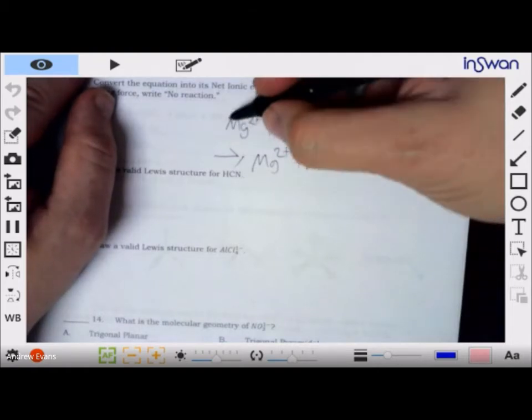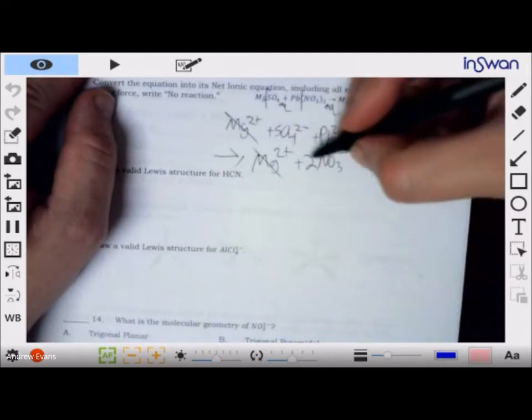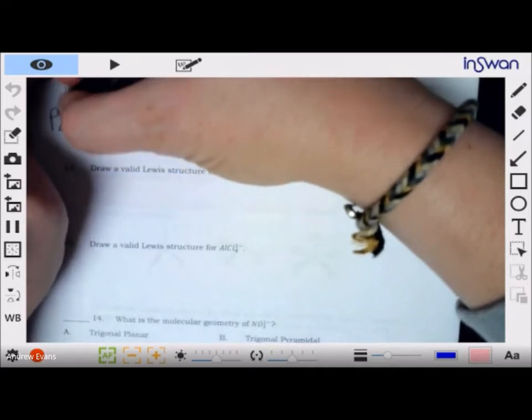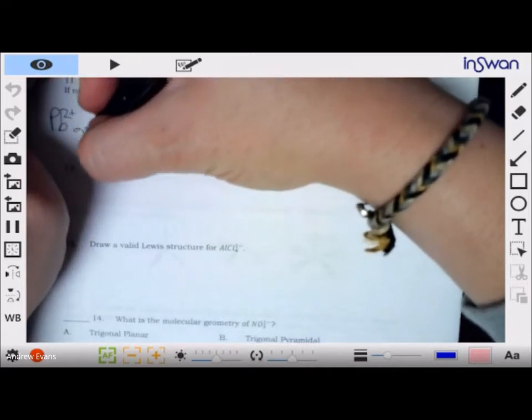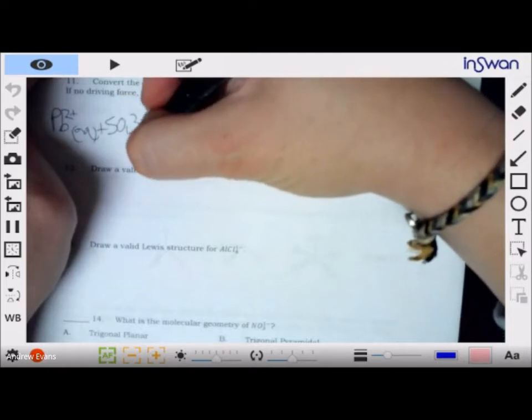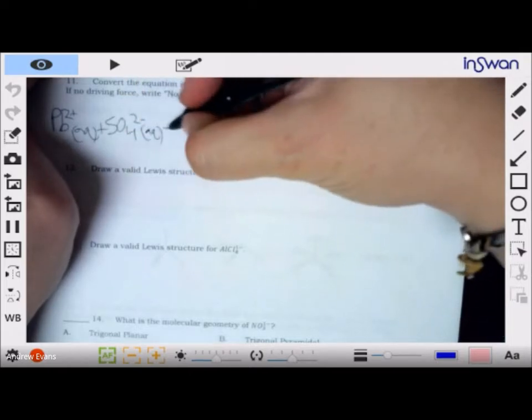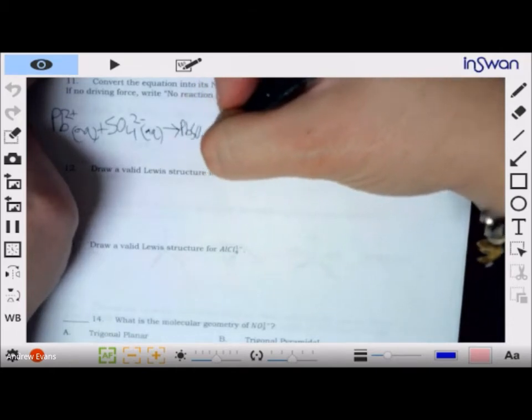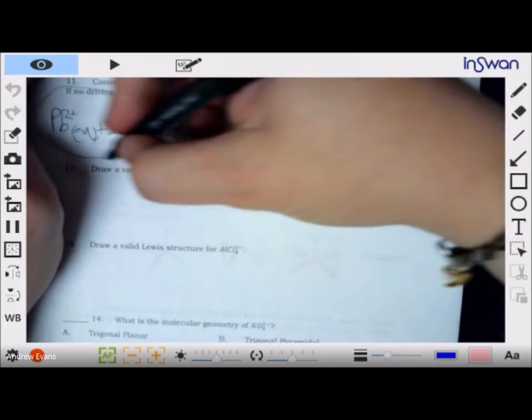So when all said and done, we cancel out our magnesiums, we cancel out our nitrates. The net ionic is Pb2 plus aqueous and SO4 2 minus aqueous. Go to PbSO4 solid for the correct answer for that one.